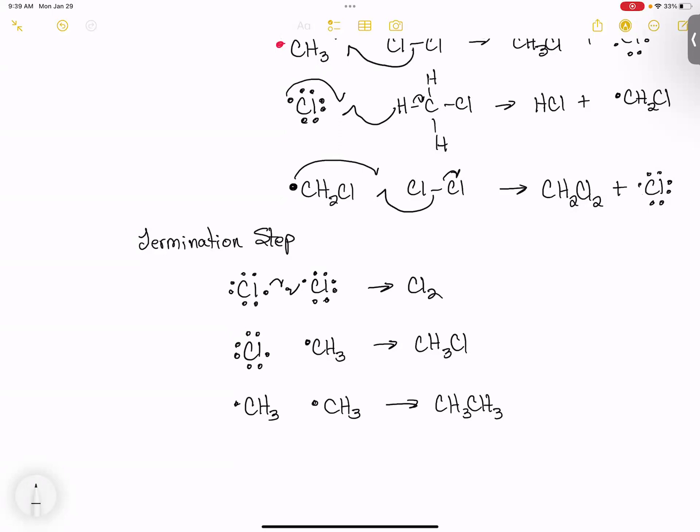So the termination step, if you will notice, in all three instances, the termination step is two free radicals coming together.